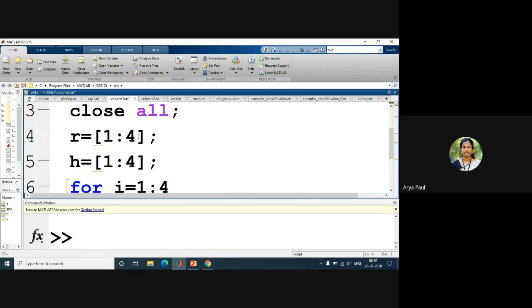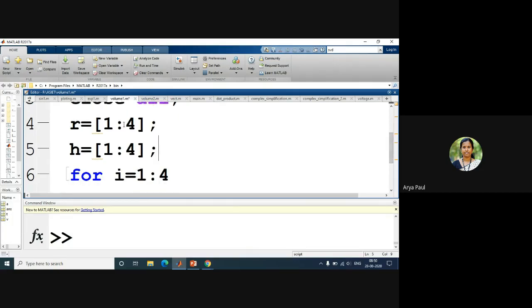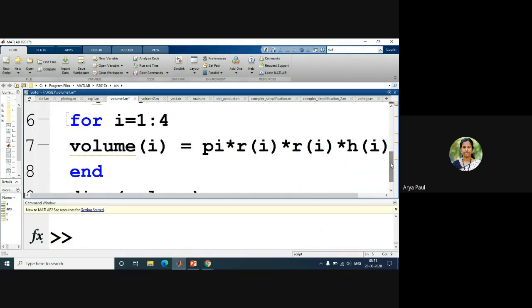So for r equal to 1 colon 4, that means 1, 2, 3 and 4, and h is equal to 1 colon 4, that is 1, 2, 3 and 4. First we defined the radius, second we defined the height of the cylinder. Now if we want to find the volume of these 4 cylinders, what we need to do is: for i equal to 1 to 4, volume of i is equal to pi into r of i into r of i into h of i.